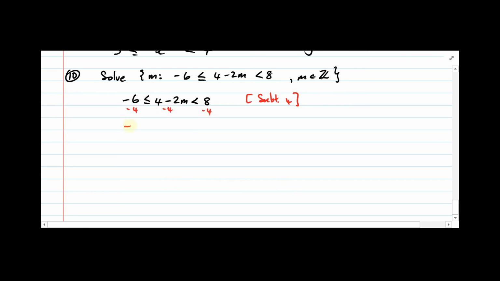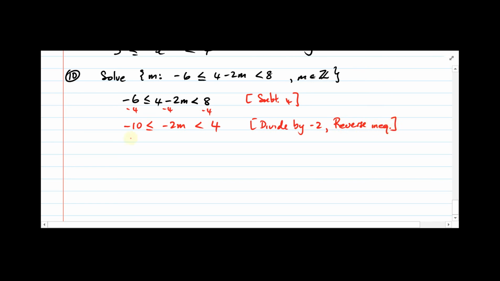So we end up with negative 10, minus 2m, and 4. Now I want to divide by negative 2, but remember you have to reverse the inequality.